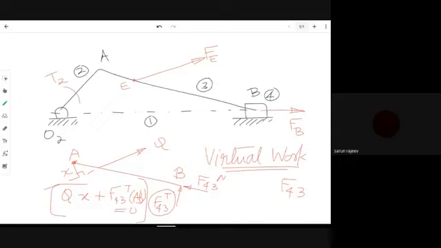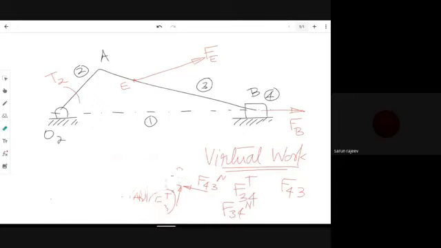Then we simply took the opposite values for F34t and F34n. Then we drew the free body diagram of the fourth link. There were four forces now, and we drew a force polygon, and we found out the magnitude and direction of the other forces. And like that, we have completed the question.